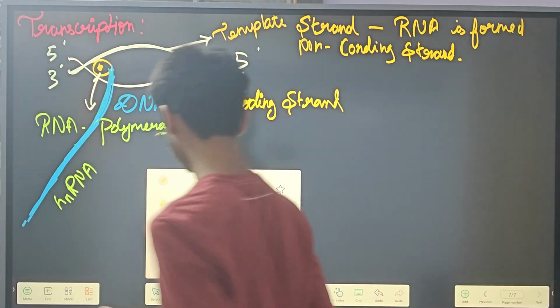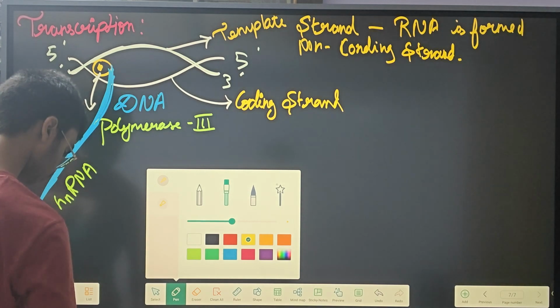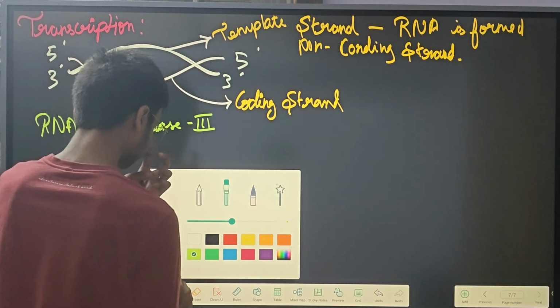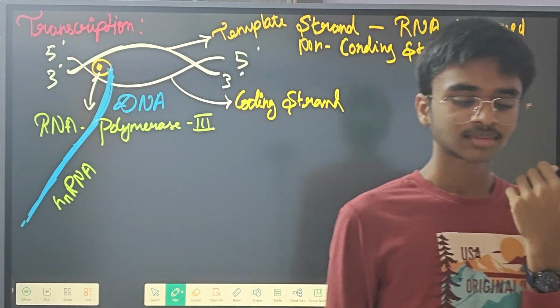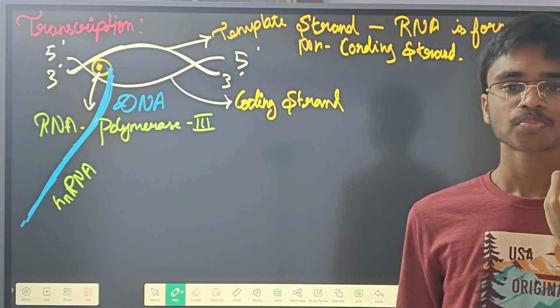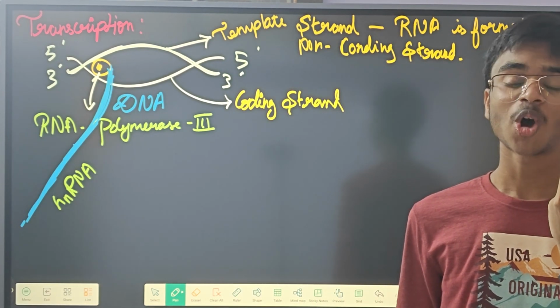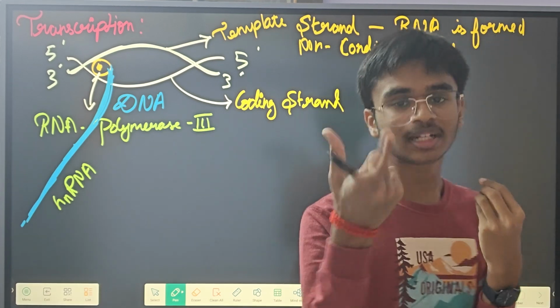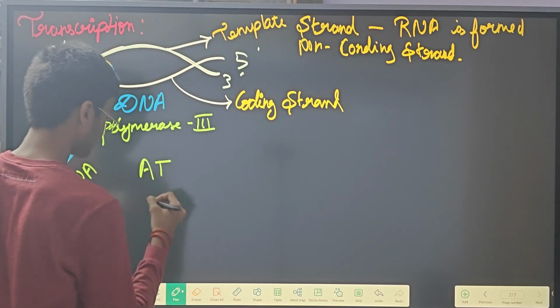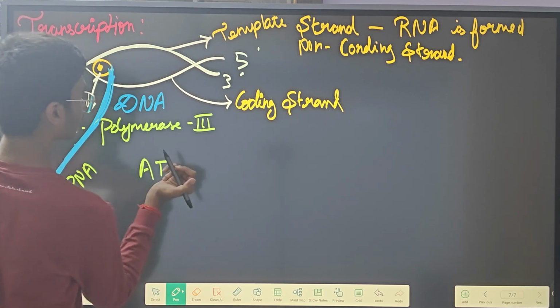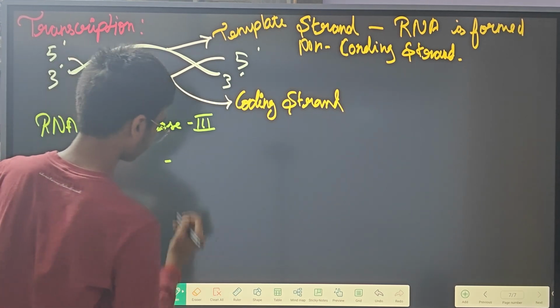For an example, this DNA is there, right? This DNA is a nucleotide formula, and we can say this is the template.